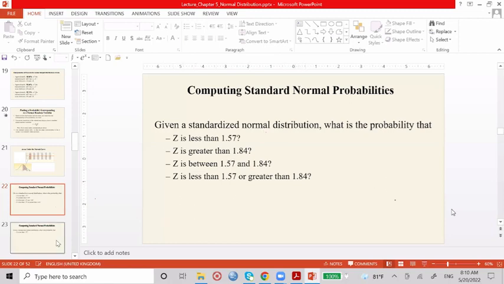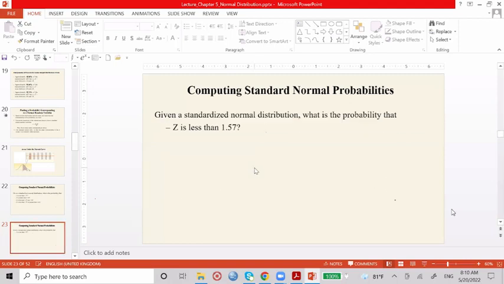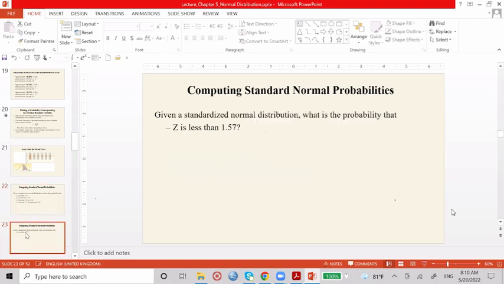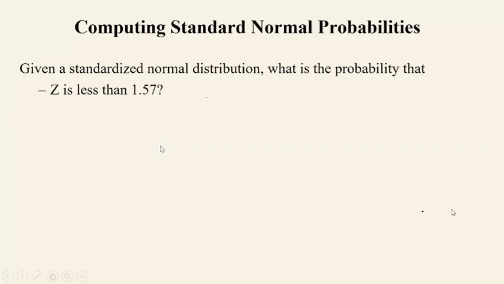We will go one by one. First, Z is less than 1.57. First we have to put this in graphical form.